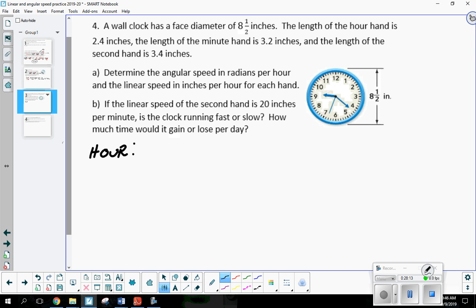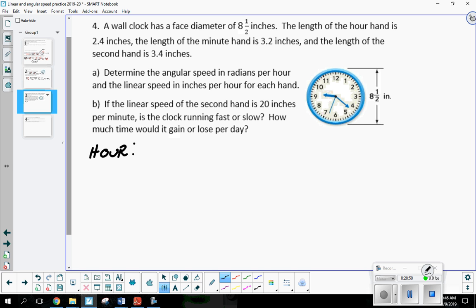Okay, how many revolutions, how much time? Everybody at least think they have the first ratio ready to go?